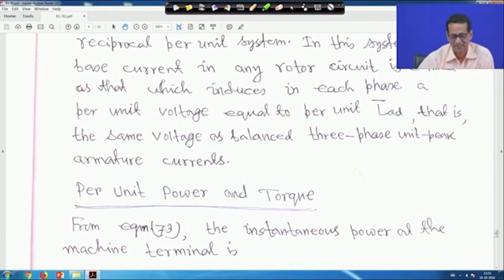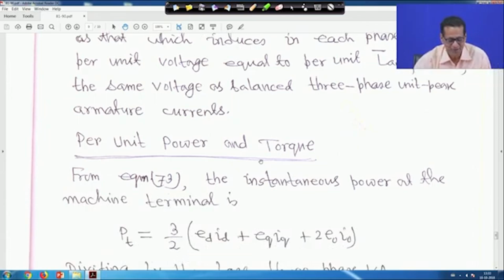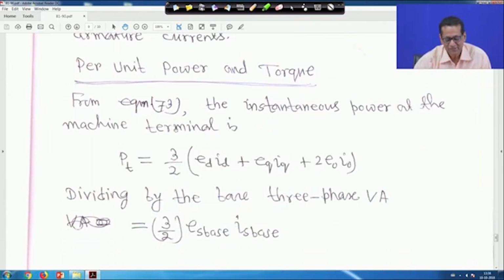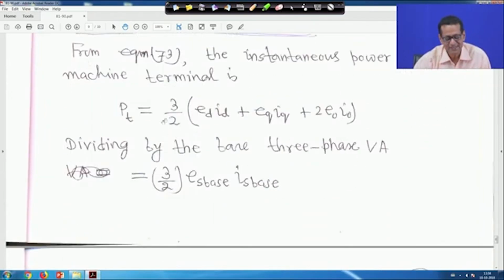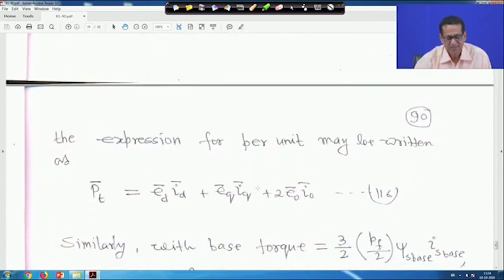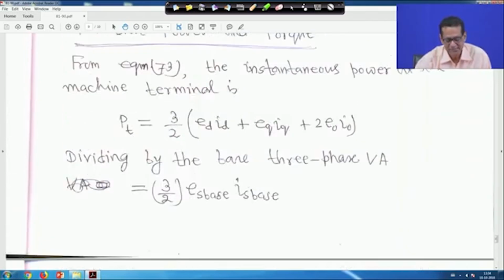Now, per unit power and torque. Here also we have derived from equation 73 that PT is equal to 3 by 2 into ED ID plus EQ IQ plus 2 E0 I0. So, dividing both sides by the base 3-phase volt ampere, that is 3 by 2 ES base IS base, the left hand side will be per unit, and on the right hand side the 3 by 2 will be cancelled.